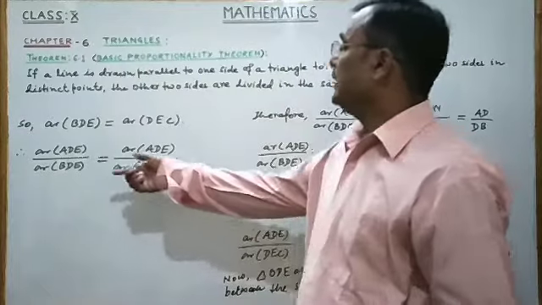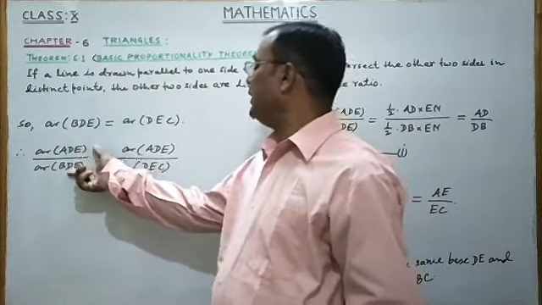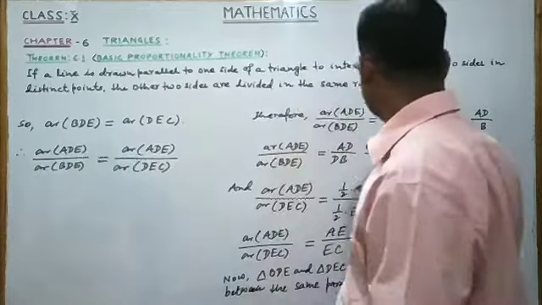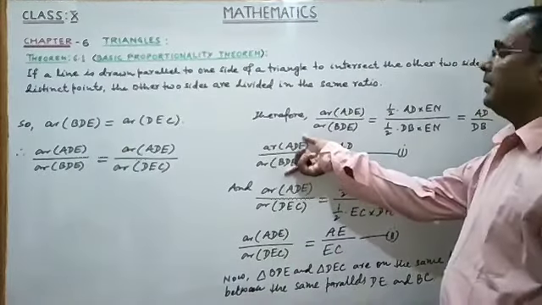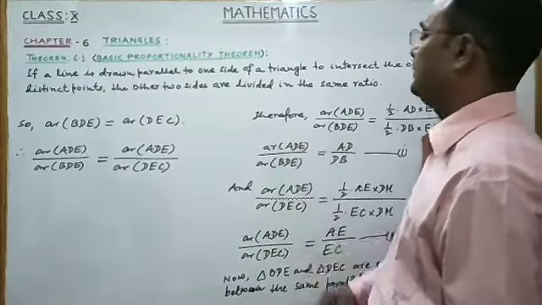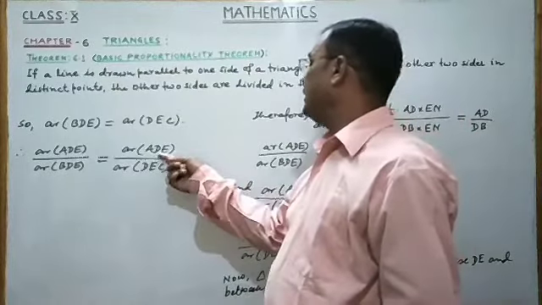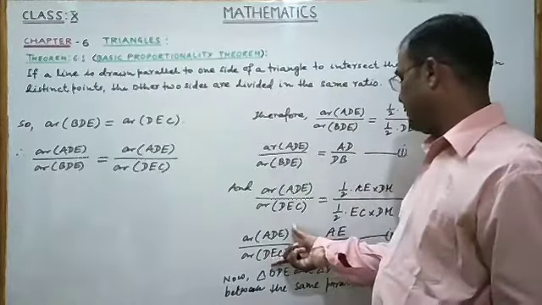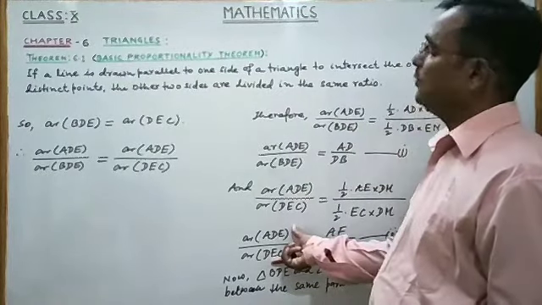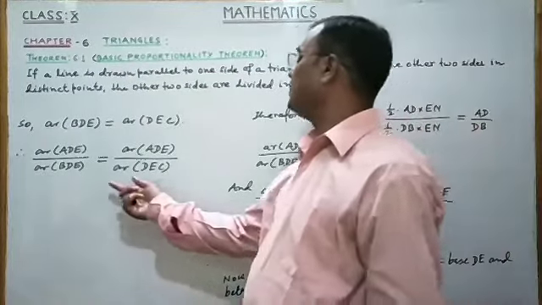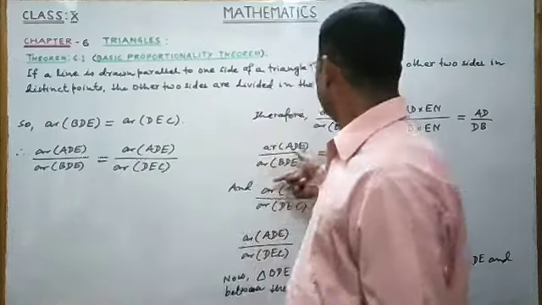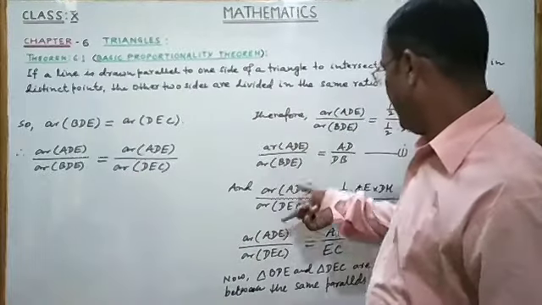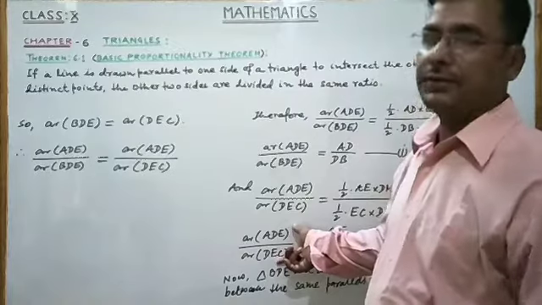Area of triangle ADE by area of triangle BDE is the left side of equation number 1, and area of triangle ADE by area of triangle DEC is the left side of equation number 2. And here we have proved that this left side is equal to this left side.